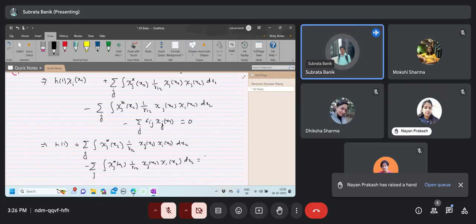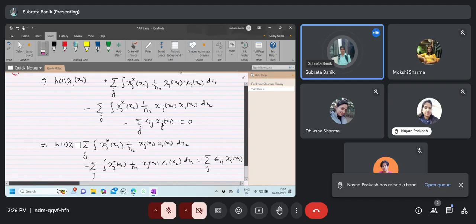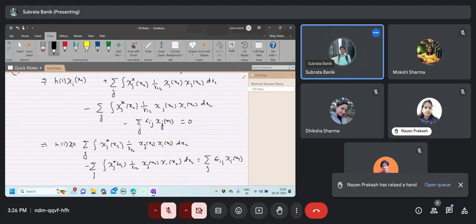Let us move the last part to the right side, sum over j epsilon ij chi j of x1. Right, there's a mistake I made. What is the mistake? This is chi I. No, I did not make a mistake. I wanted to do something else, then I forgot. This is of x1.